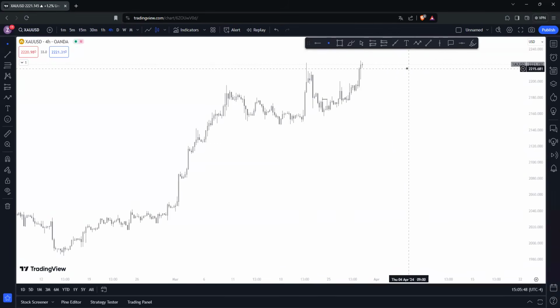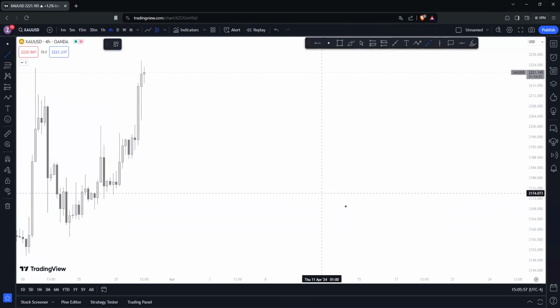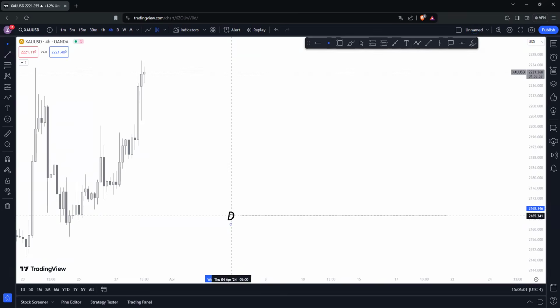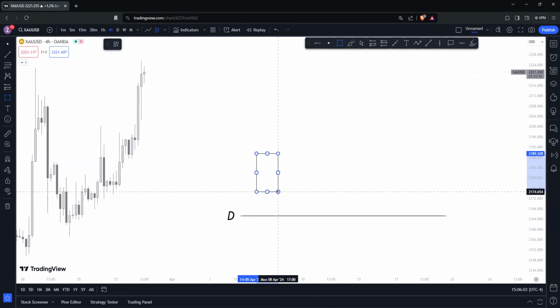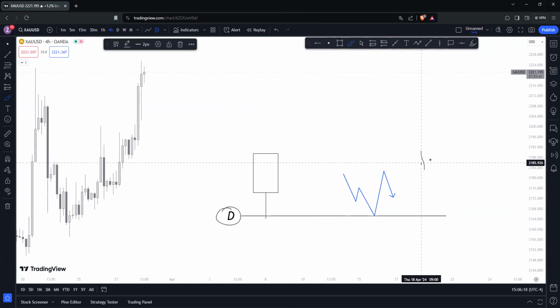Now just to make it clear about the difference between the internal and external, I've seen some of you also got confused about that. So it's very easy, guys. Just make it simple. Just ask yourself, okay, so here, this is the daily, and the first sign is the daily rejection, right? So this is the first sign, daily rejection. Now the second sign is an H4 external breakout. What's the difference between an H4 external and internal breakout? Just look at when price touched the daily on the H4.